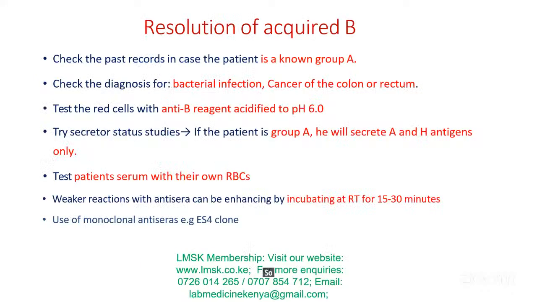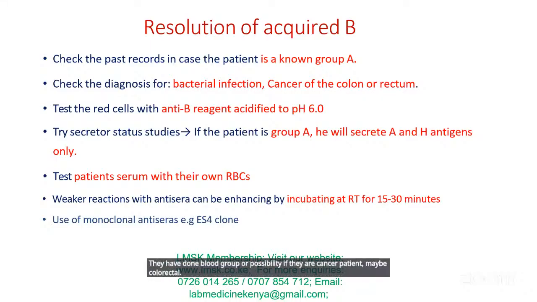So how do we go about it? The first thing is to check the past records of these patients, because we have said these are patients who are sick. So at one point in their life, they have done a blood group, or possibly, if they are cancer patients, maybe colorectal, they have received a transfusion before. So they could know their blood group.